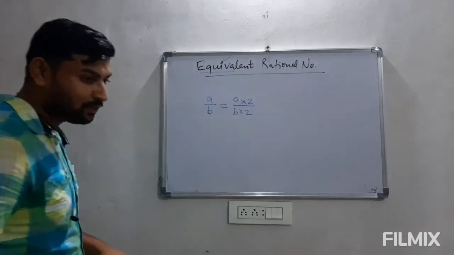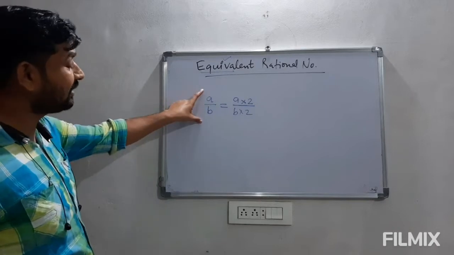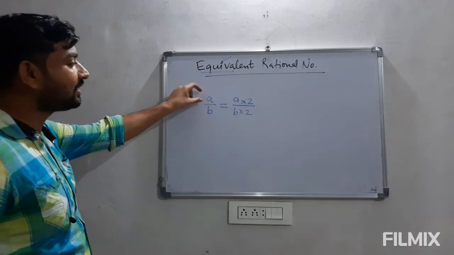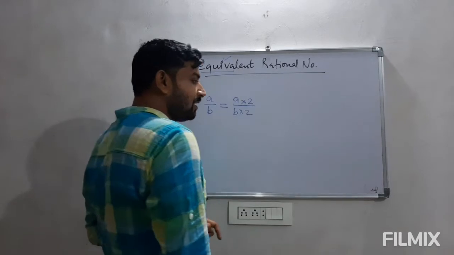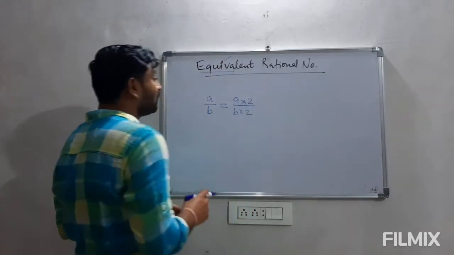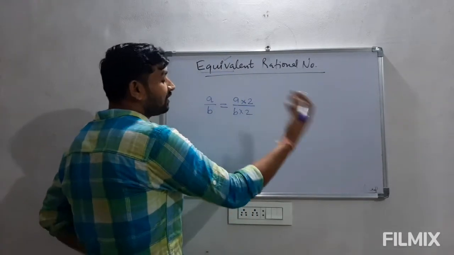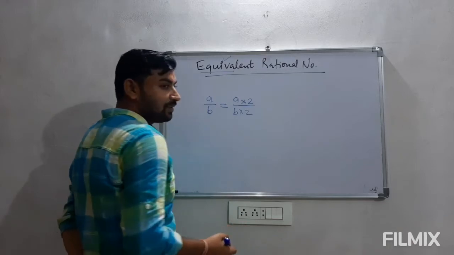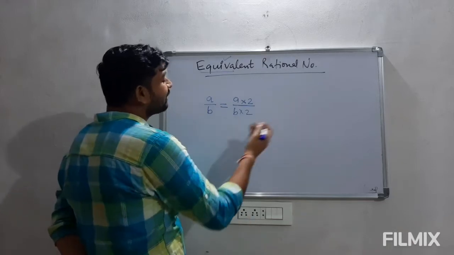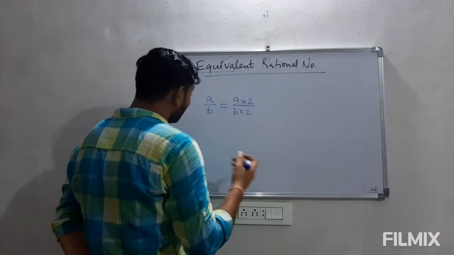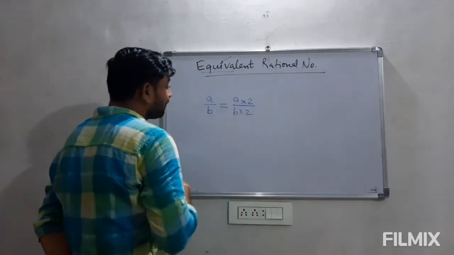At the same time, if we have a rational number with a greater value of numerator and denominator and we want to find a smaller form of it, called the standard form, then we can divide and get the answer, which I will discuss just now.